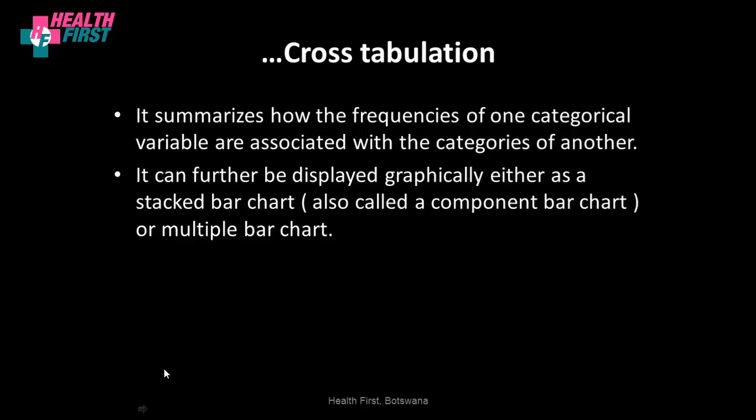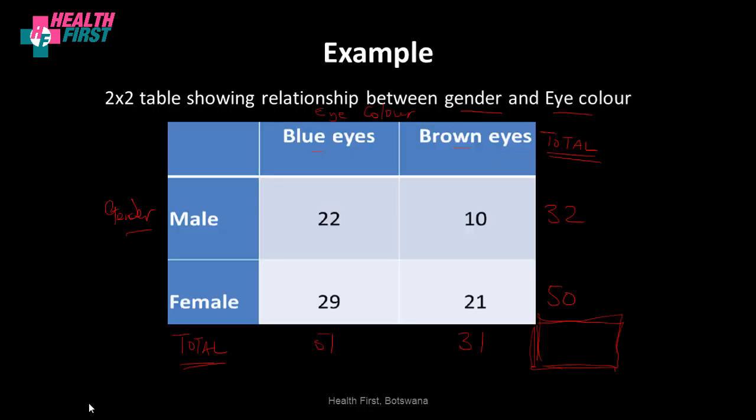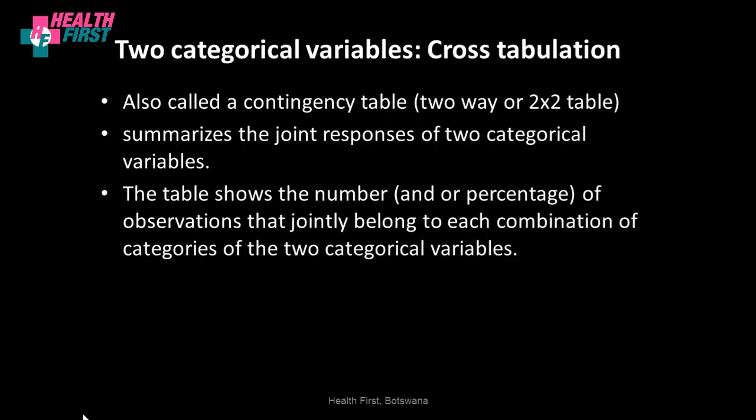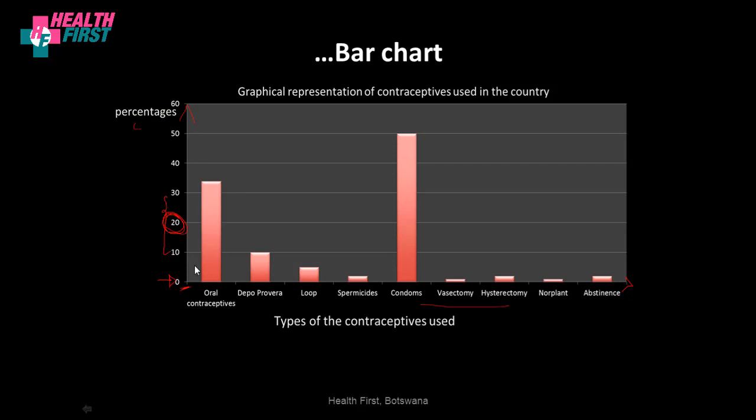Crosstabulation summarizes how the frequencies of one categorical variable are associated with the categories of another. So, association. It can further be displayed graphically, either as a stacked bar chart or a multiple bar chart. Remember that in the previous bar chart, this was univariate: we were dealing with one variable which had these 9 categories.